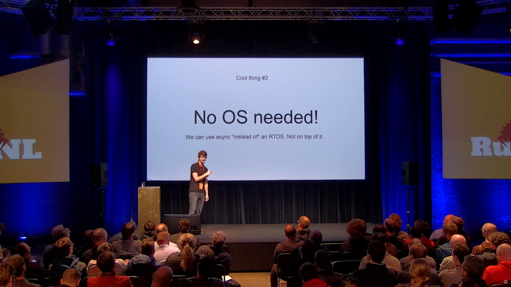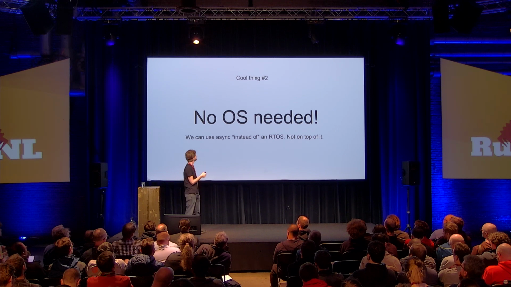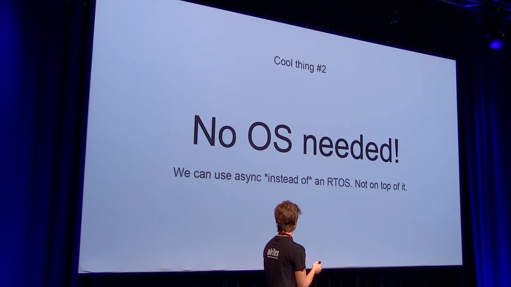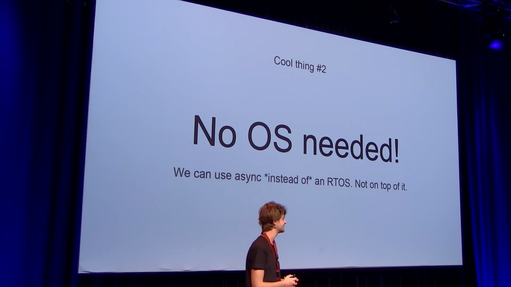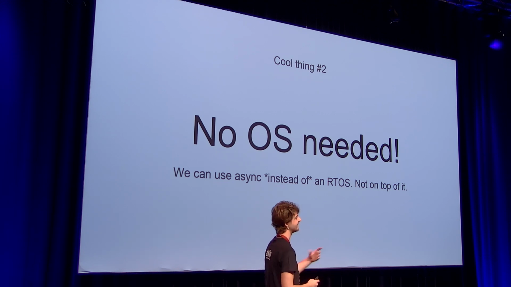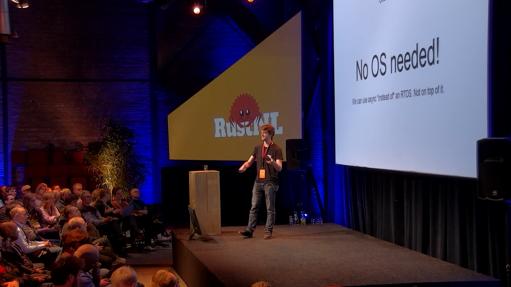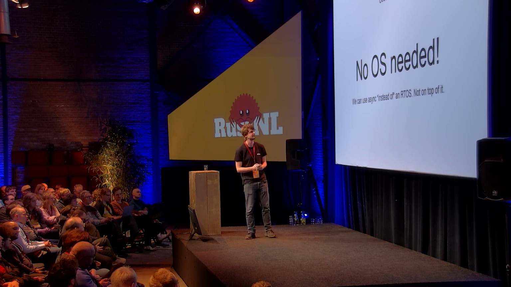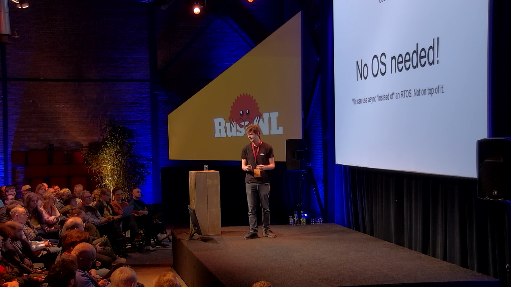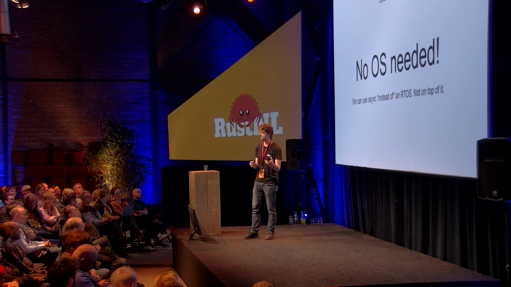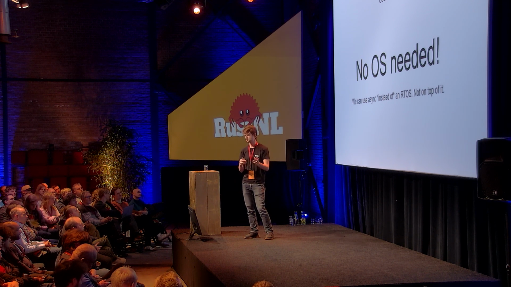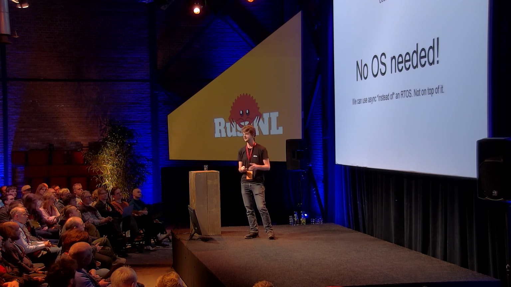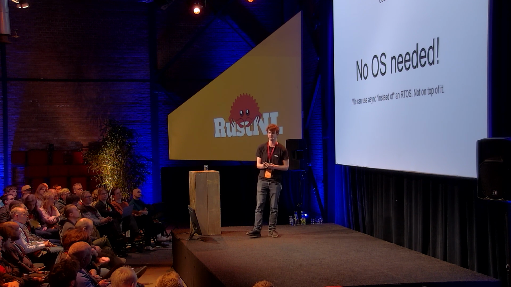And we got our goal of replacing an RTOS. Async is not an RTOS, but it gives you the convenience of one. So you can use it instead of an RTOS, not on top of it. We're not getting POSIX APIs from an RTOS with epoll or select and then laying async on top of it. The advantage is it's fast. It's about as fast as using an RTOS. The latency from wakes and scheduling is pretty much the same.